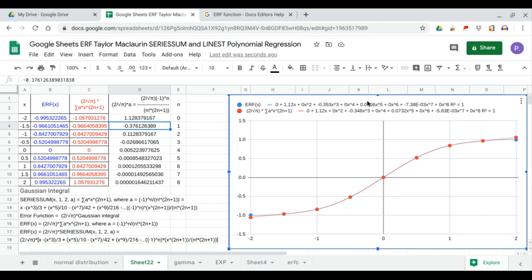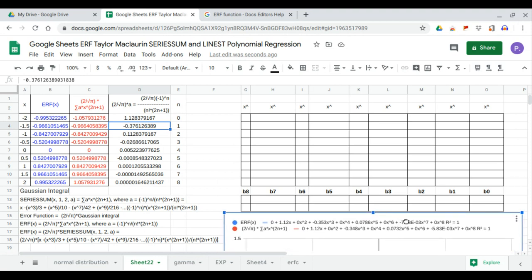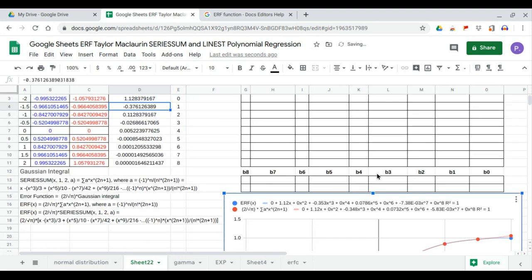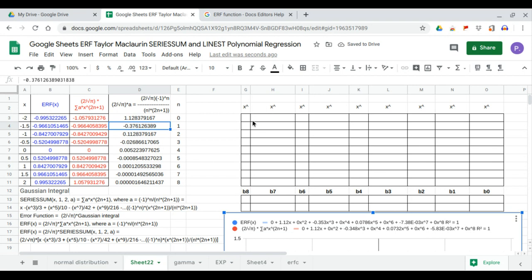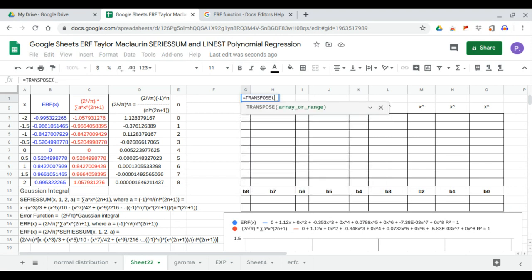We'll calculate these values using LINEST. To do that, we will generate the 1 comma x matrix. So the power will be from 0 to 8. So we transpose these values.